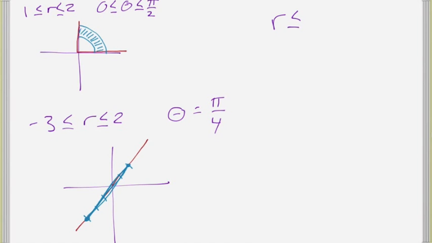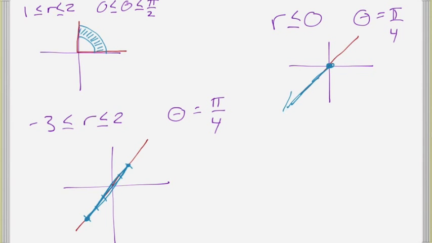If I have r less than or equal to 0, and theta is pi/4, theta being pi/4 still limits me down to that 45-degree angled line. And if r is less than or equal to 0, it gives me that endpoint and anything going in this direction. So we get, to use a geometry term, a ray.